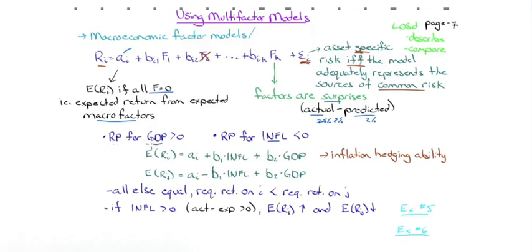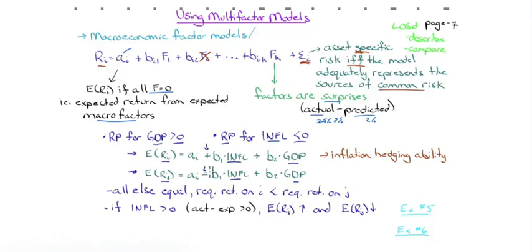The risk premium for GDP growth is typically greater than 0 because assets respond well to GDP growth. The risk premium for inflation is typically less than 0 because assets typically respond negatively to increased inflation. So if we have 2 particular assets, let's say the return on I and the return on J, described by these factor models using inflation and GDP only, the only difference is I has a plus sign in front of the beta coefficient, J has a negative sign in front of the beta coefficient.